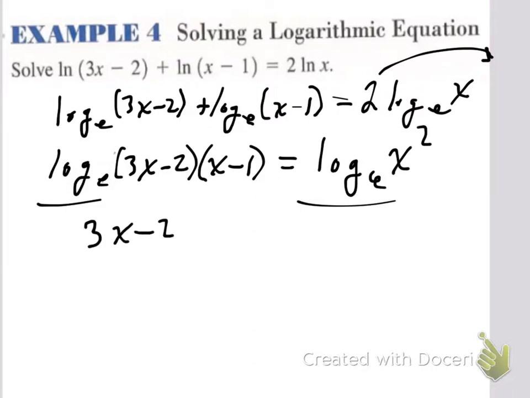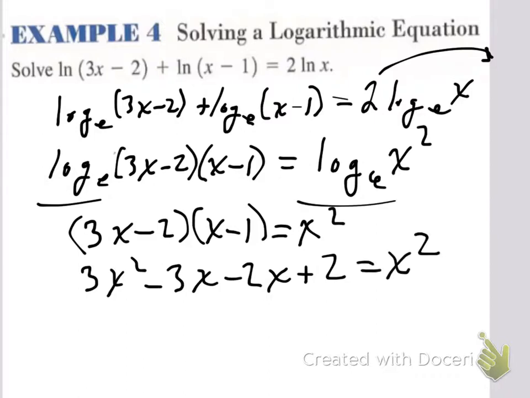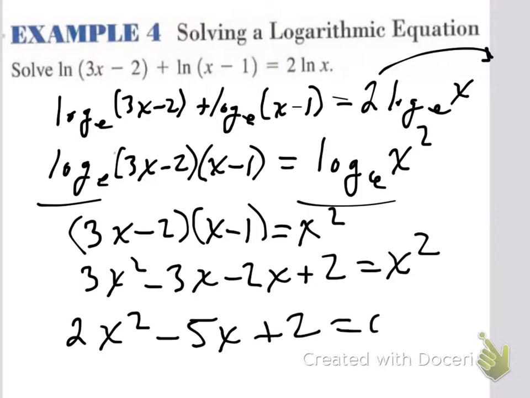So 3x minus 2 times x minus 1 equals x squared. FOIL, so we have 3x squared minus 3x minus 2x plus 2 equals x squared. Subtract x squared from both sides, so I have 2x squared minus 5x plus 2 equaling 0. Now I'm going to factor this by grouping.